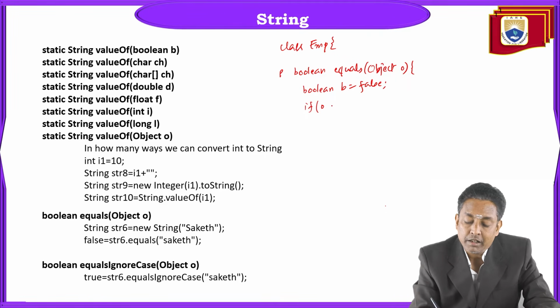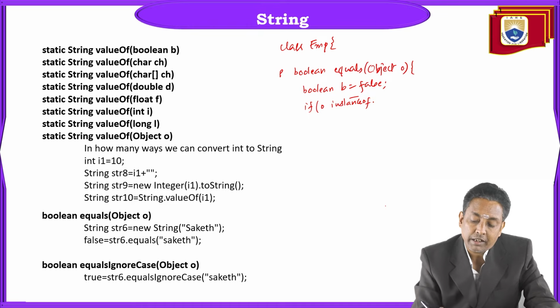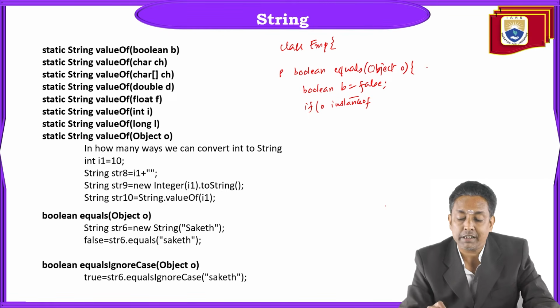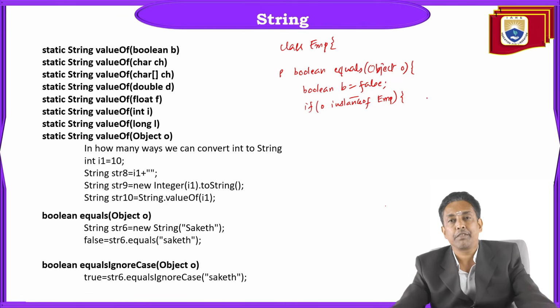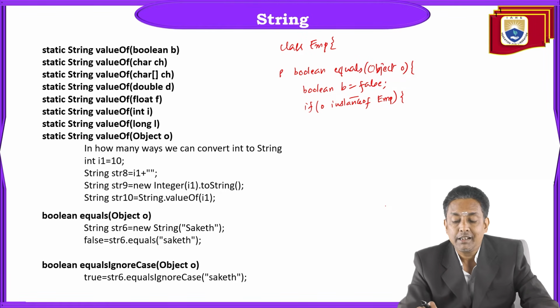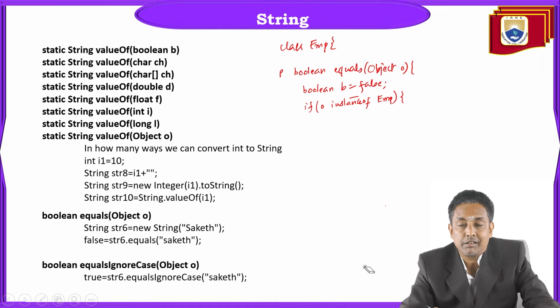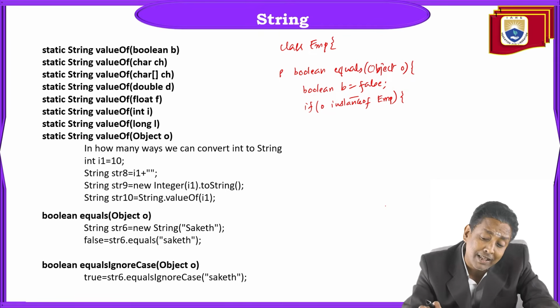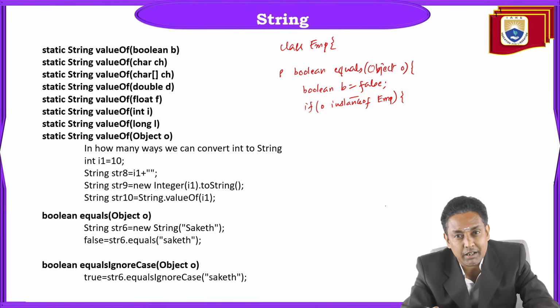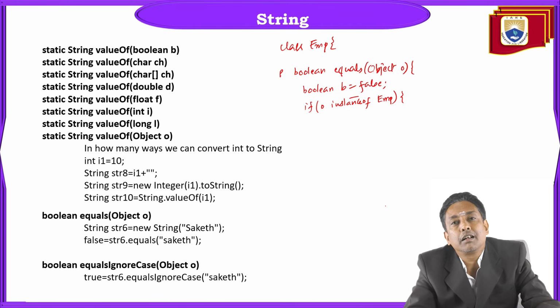Is the object passed for the comparison an instance of type employee? We are asking, is the object that came here an instance of employee type or not? If the passed object in equals method is not an employee, we should not compare.